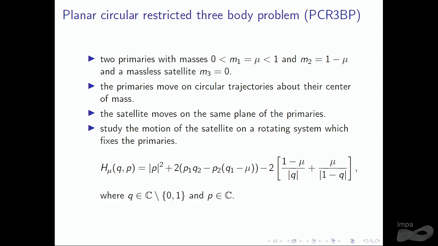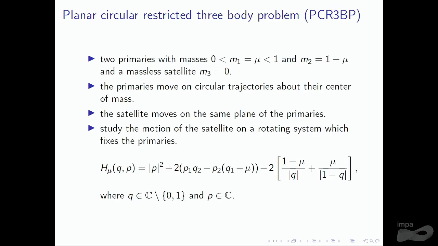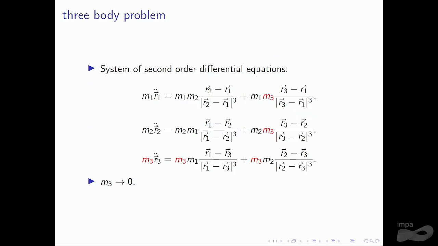We assume in this system that the two bodies, M1 and M2, are rotating on circular trajectories about their center of mass. The trajectory is just a circle. So these circular trajectories are given, and they are used as input to study the motion of the satellite.